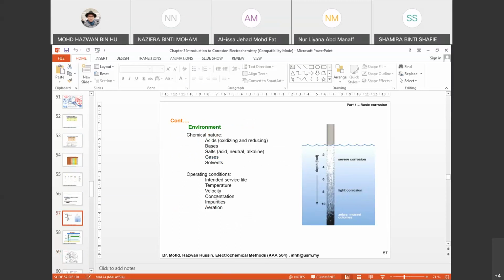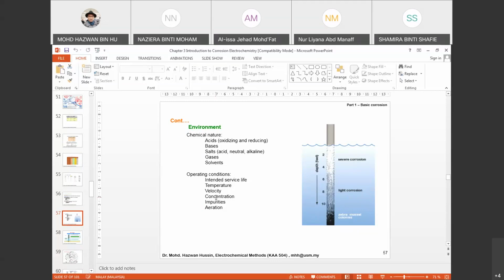Right. Other than that, the factors that can affect materials corrosion are due to the environment. If we are working with chemical natures like a strong acid or a strong base, then of course we have a higher tendency for corrosion to occur. Higher salt concentration, like acids, neutral, and alkaline salts, is also another concern.